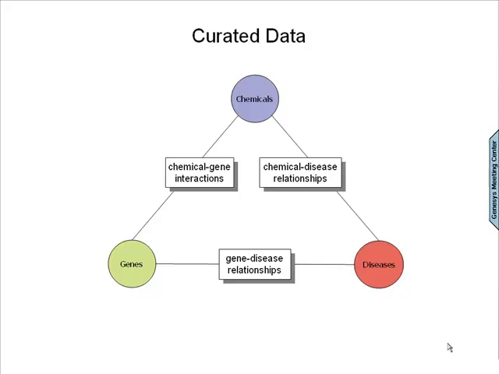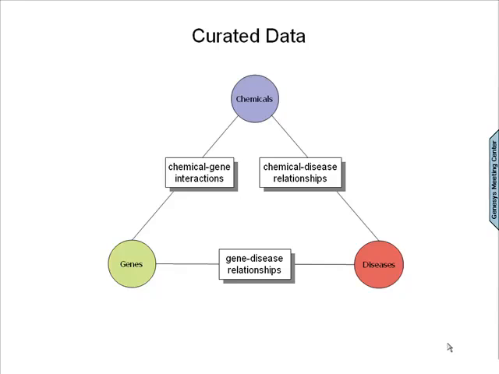Although there are obviously an endless number of types of data that you can capture that would describe these types of relationships, we focused on looking at molecular interactions between chemicals and genes. And when I say genes, I'm also talking about proteins. Gene disease and chemical disease relationships.